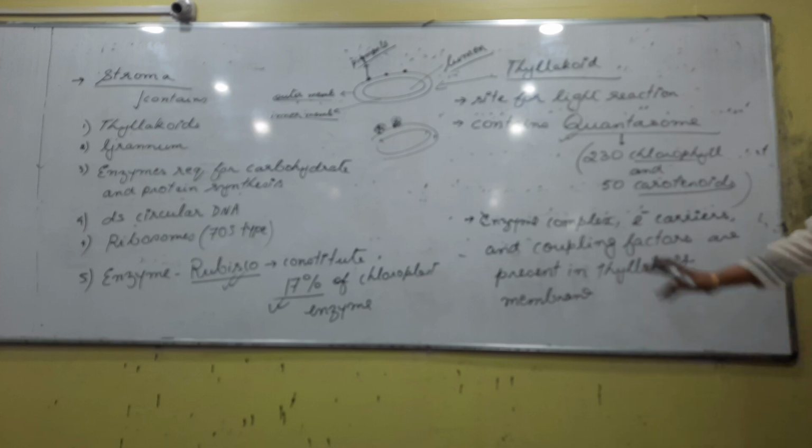So 230 chlorophyll does not mean I am talking only about chlorophyll A, right? Out of all the types of chlorophyll, chlorophyll A is considered the universal chlorophyll. For photosynthesis, chlorophyll A must be present, and it is present in all types of plants that photosynthesize. But apart from chlorophyll A, there are chlorophyll B, C, D, E, right? We have around 10 types of chlorophyll. So I said 230 chlorophyll molecules would be present.